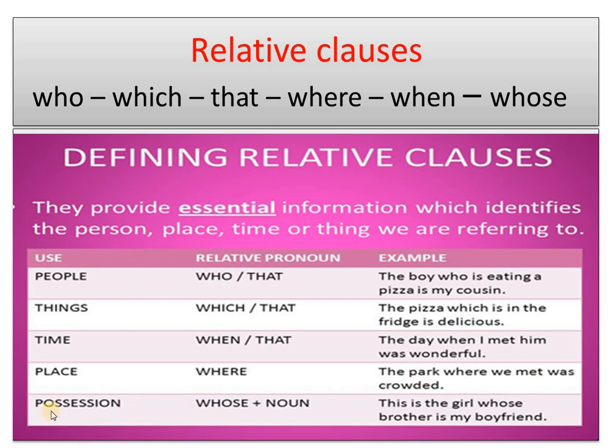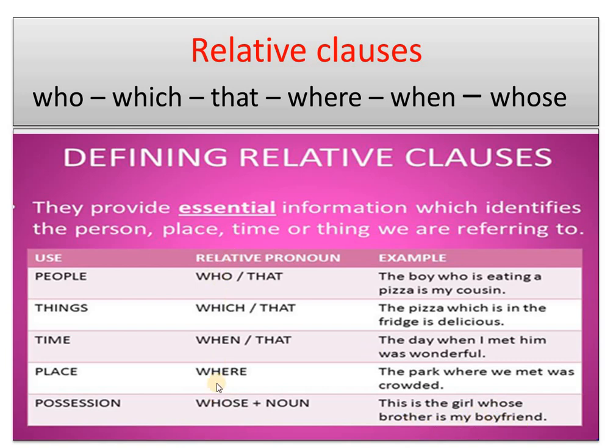The last one, possession: whose plus noun. Note that after who there always comes a verb, but after whose comes a noun. This is the word whose, and directly after whose there is a noun like brother. This is the girl whose brother, whose plus noun, whose brother is my boyfriend.